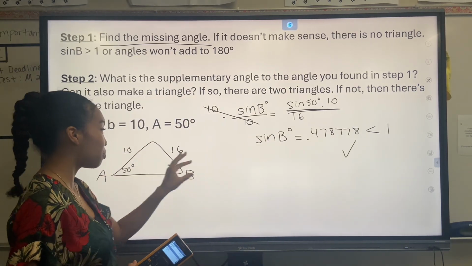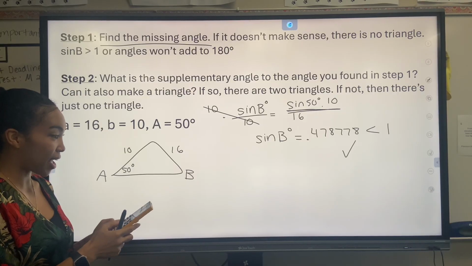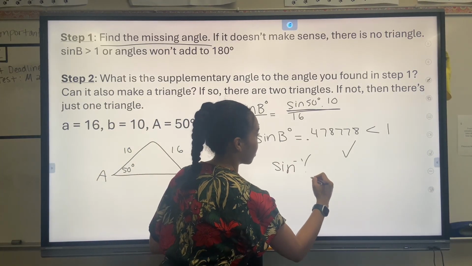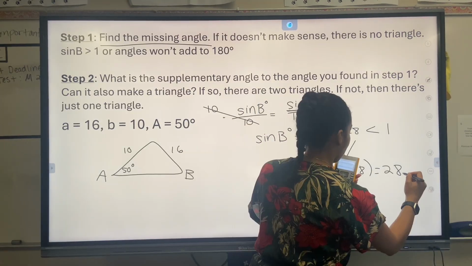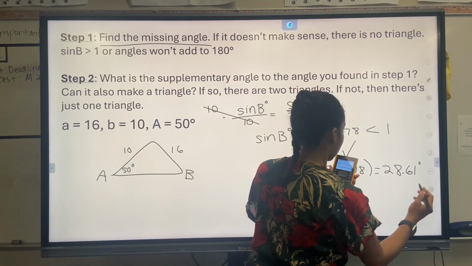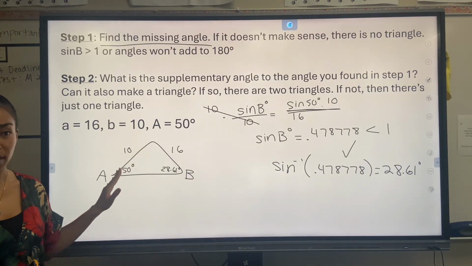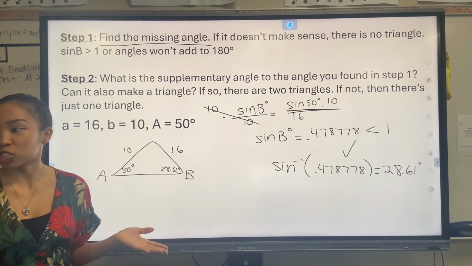We need to test when we put the angle in here if it makes sense. So now we're going to do the inverse of that. So inverse sine, this is what you're typing in. And it's 28.61 degrees. Okay, so far, is this triangle okay? Yep, it's less than 180, so we have room for a third angle. So that means we do have a triangle.